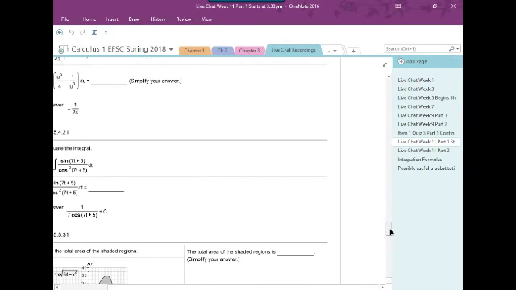I'm going to write the problem where you can see it, hopefully. I'm going to start with one possibility. Let me rewrite it here real quick.